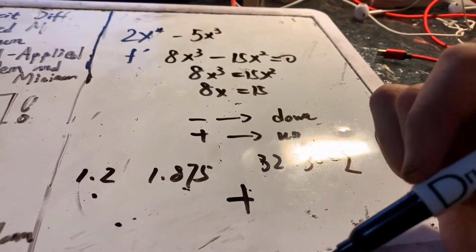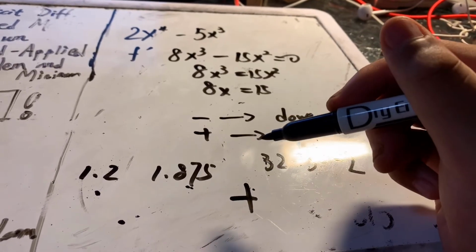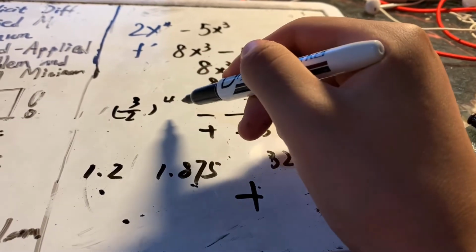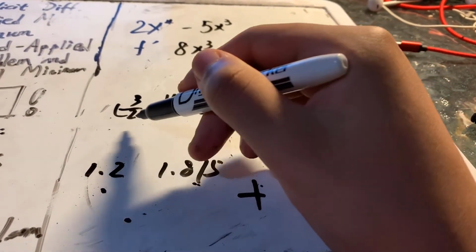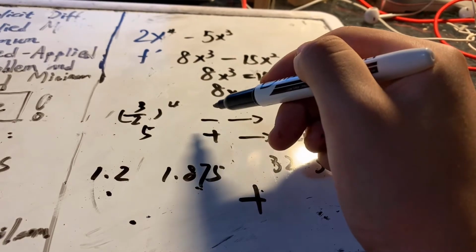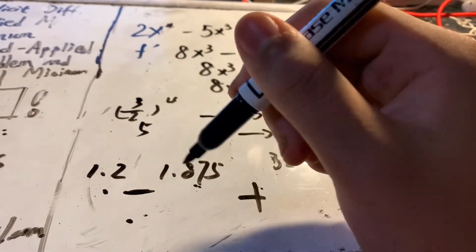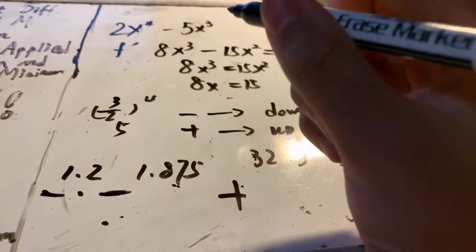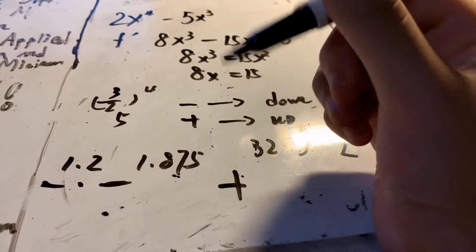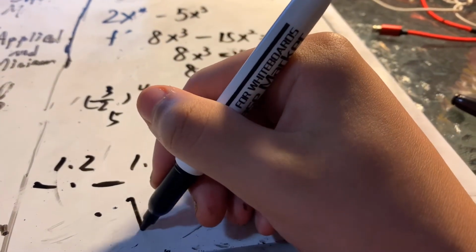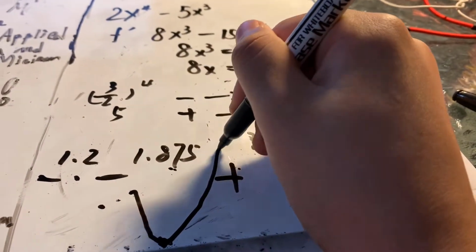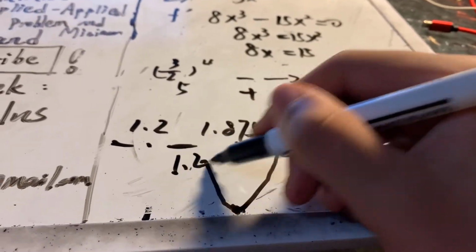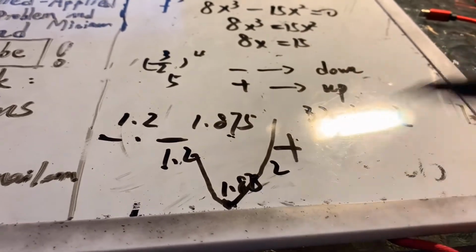Here is 1.5, approximately 10 minus, so it's negative. And before 1, it is negative. So it goes down, down, up. So we can see how it is supposed to be changing, and the function is approximately looking like this.